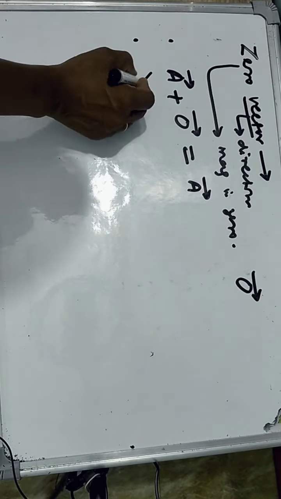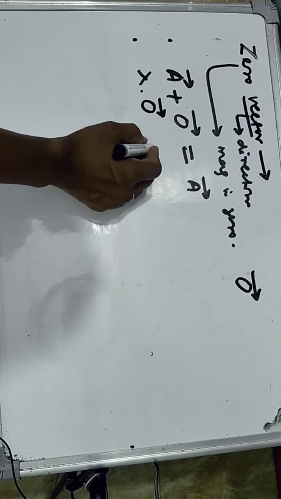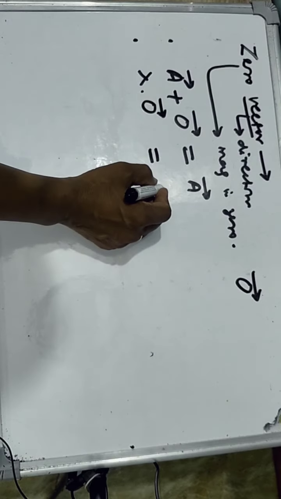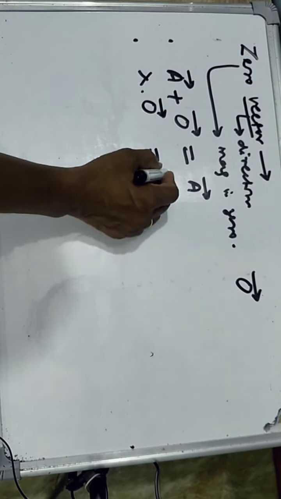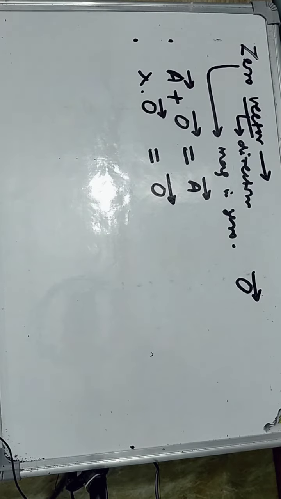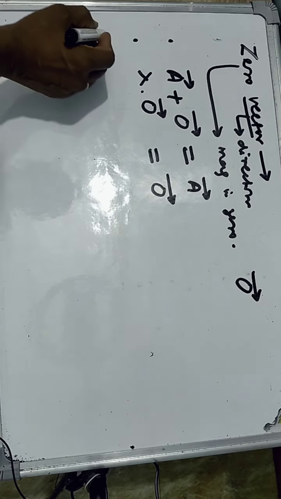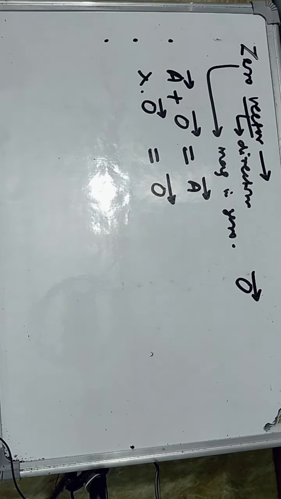And if any numeric is multiplied with zero vector, it will again give a zero vector. Magnitude will not increase and direction also will not change.